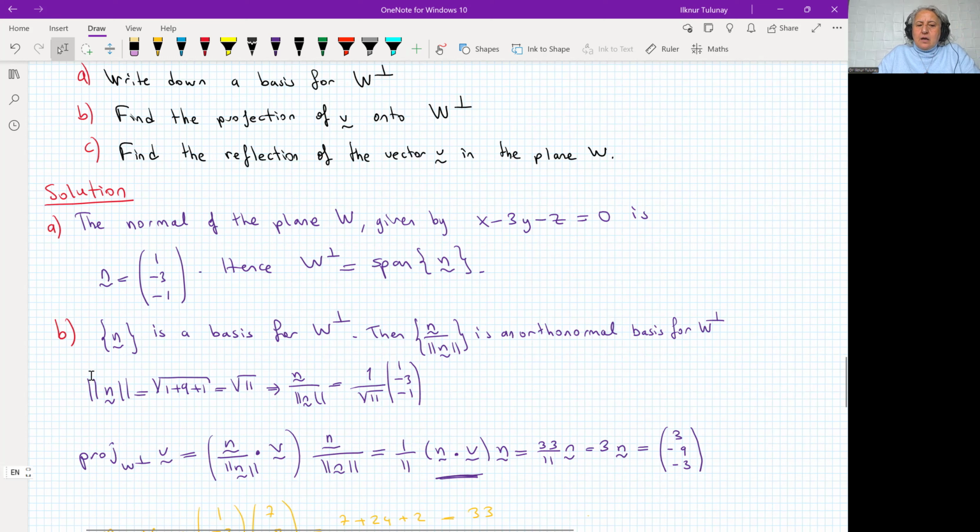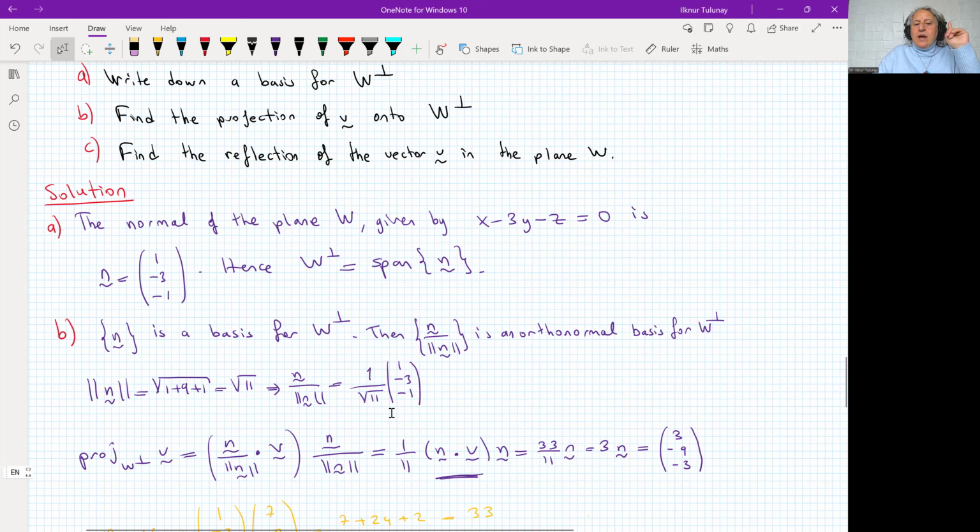What is the length of this normal vector? The length of this vector is the square root of 1 squared plus 3 squared plus 1 squared, which is just root 11. So n divided by the length of n will give us a vector of unit length. If you take the inner product of it with itself, you will find 1.